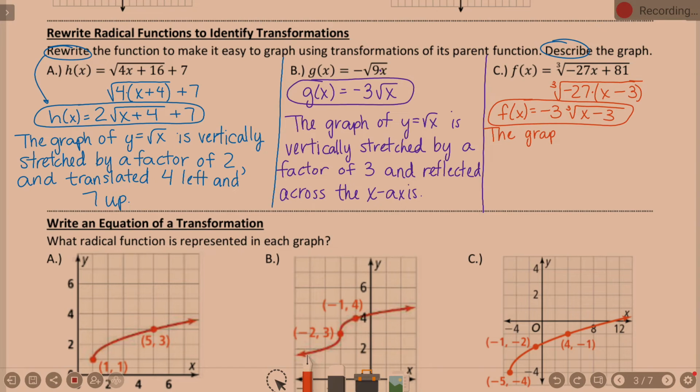So I'm going to say the graph of y equals cube root of x is vertically stretched by a factor of 3.